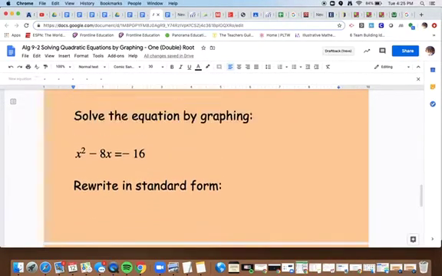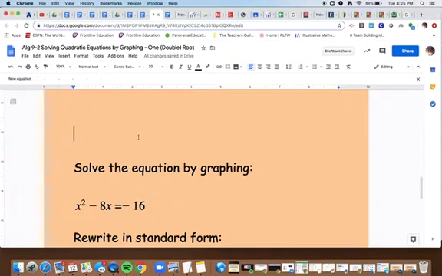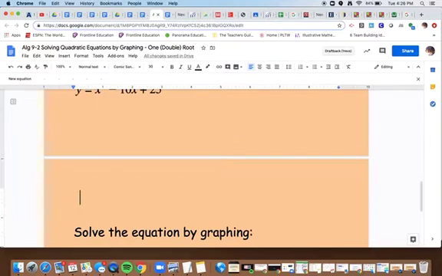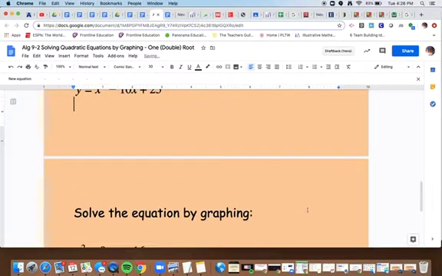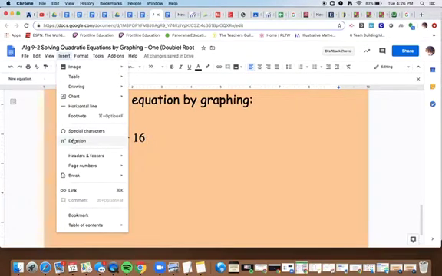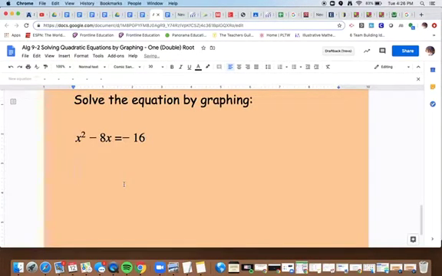All right, so let's do another one. Solve this equation by graphing. We now know we have to write it in standard form, so we'll pull up our equation editor here. We start by writing y, because we know y is going to be one side of it.